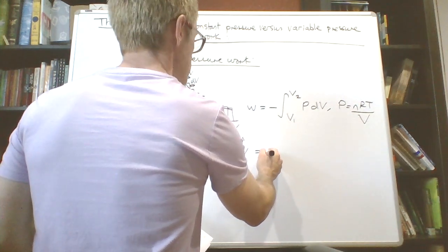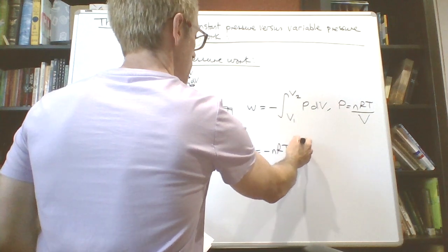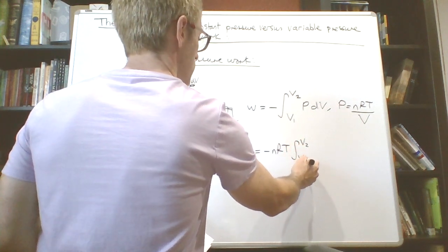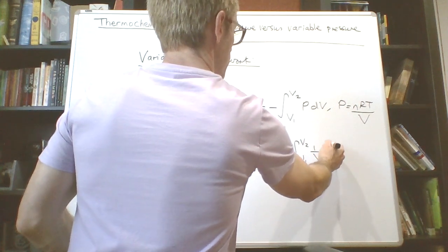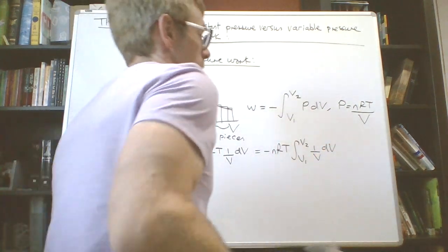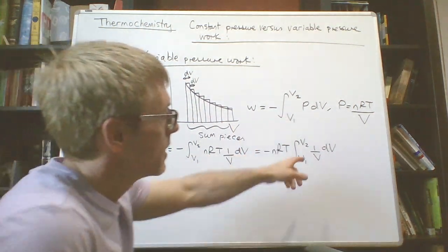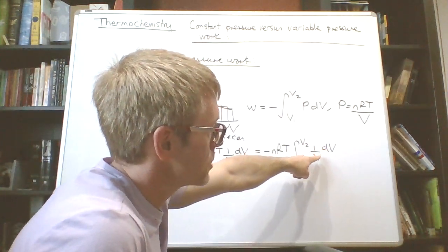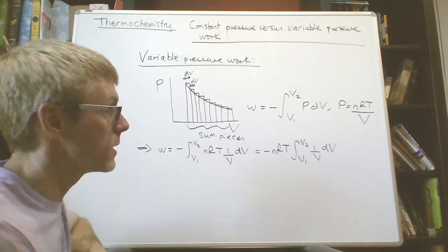So we can rewrite this as minus nRT, sum between final and initial volume, 1 over V dV. So I have to keep the 1 over V to the right of the sum because I'm summing over volume changes, so anything with a volume sensitivity has to be incorporated by the sum.